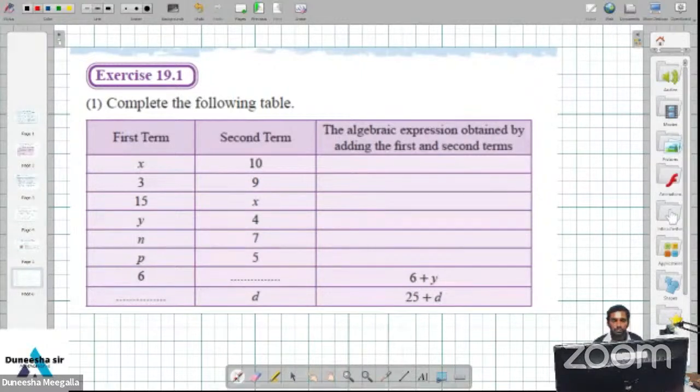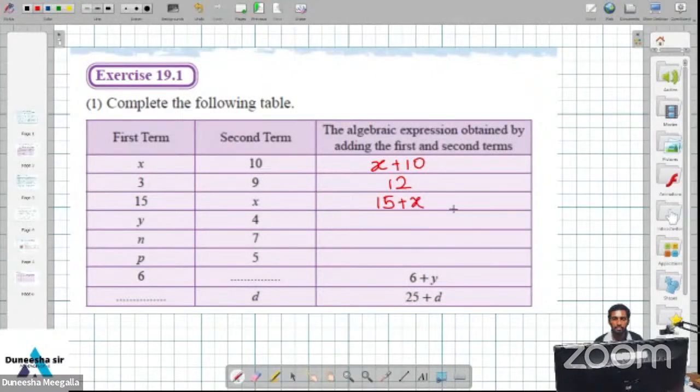What are the first and second terms? x plus 10. Then in the second row, 3 plus 9 equals 12. The third one is 15 plus x.